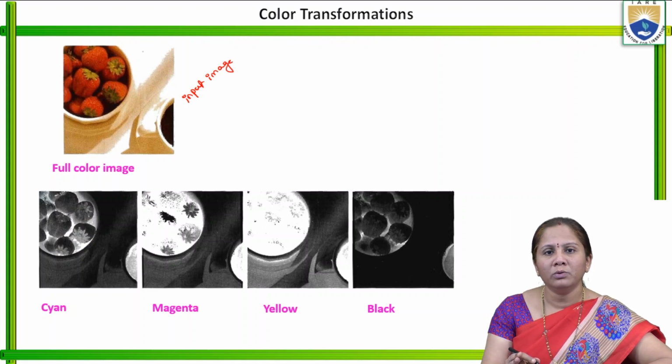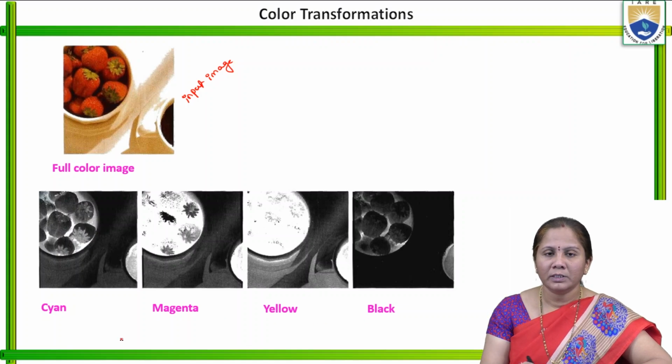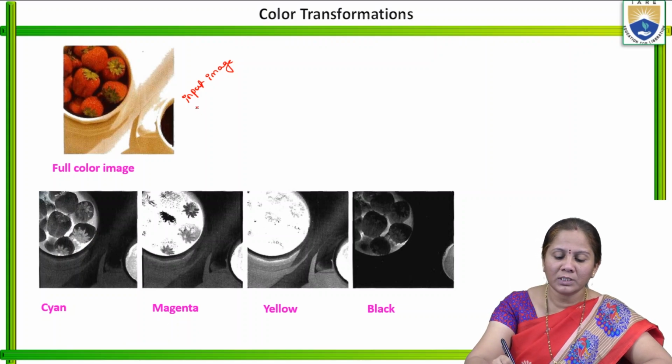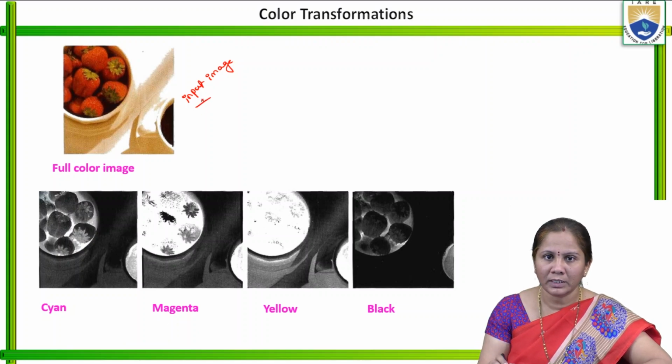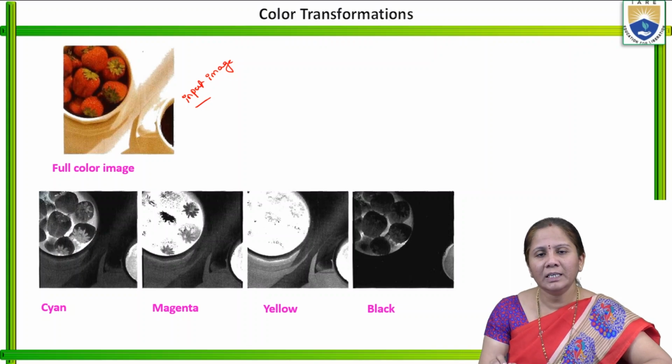We are going to apply some transformation on this input image and we are going to convert this into some other color model. So if you observe the below, the color model here, cyan, magenta, yellow and black, that means here the original image, full color image, that is input image, we have converted into CMYK color model.